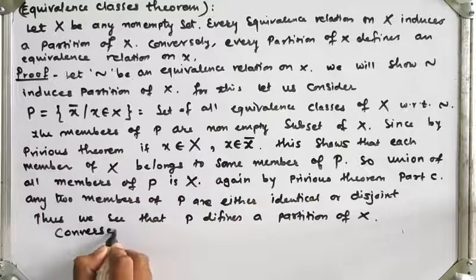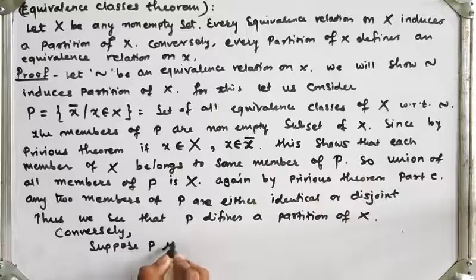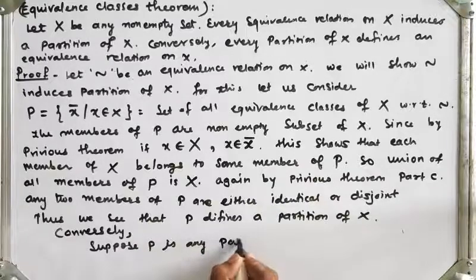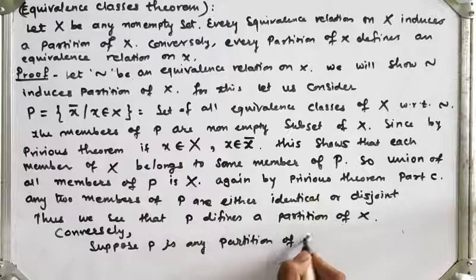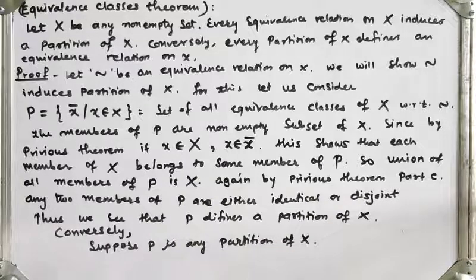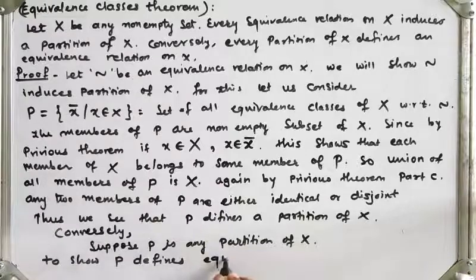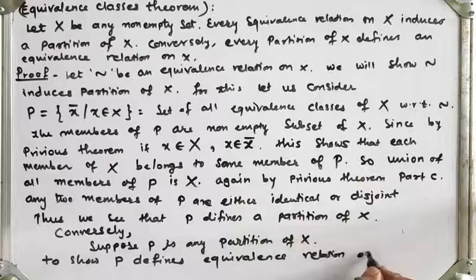Conversely, suppose P is any partition of X. We have to show that P defines an equivalence relation on set X. P defines an equivalence relation means we have to show that the relation tilde must be reflexive, symmetric and transitive.